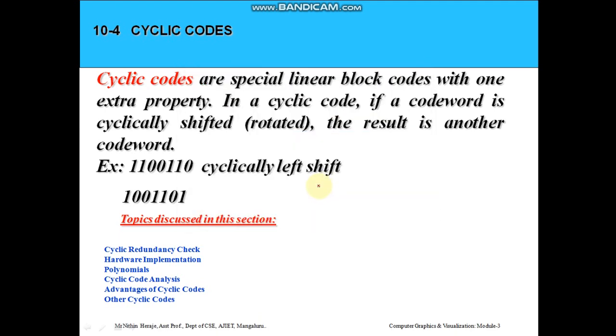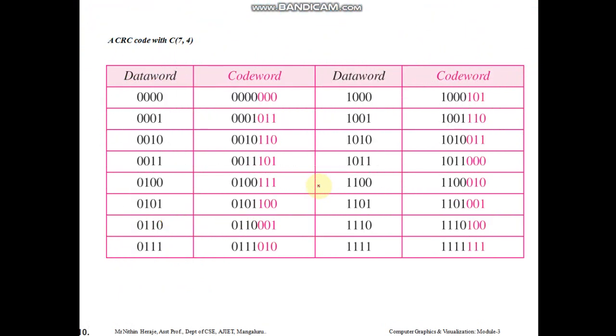Before that, let us go to the CRC, the cyclic redundancy check code with C(7,4). The C(7,4) is a combination of a 7-bit code word and a 4-bit data word. So here you have a 7-bit code word, wherein this is the 4-bit data word.